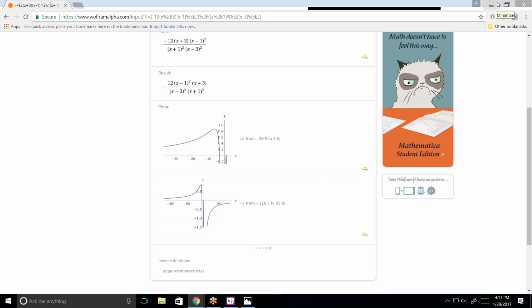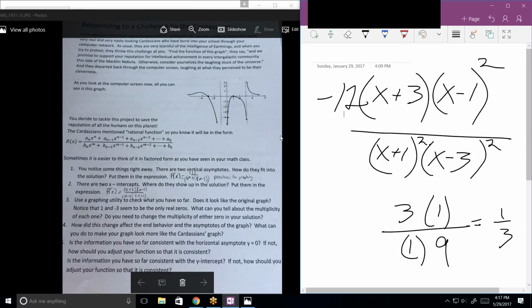Ooh. How are we going to solve that? Let me think for a second. We've got to make the y-intercept minus 4. We could have just put a 12 on the top and a negative on the bottom.